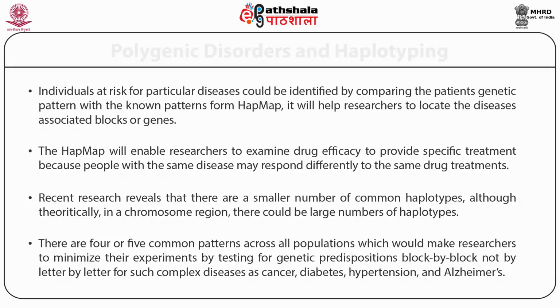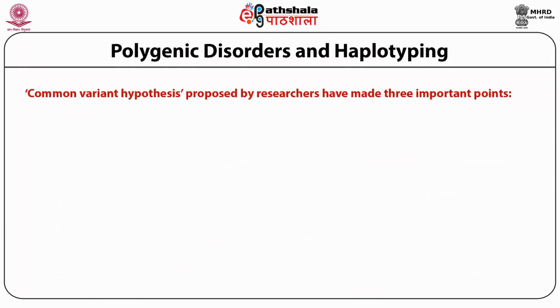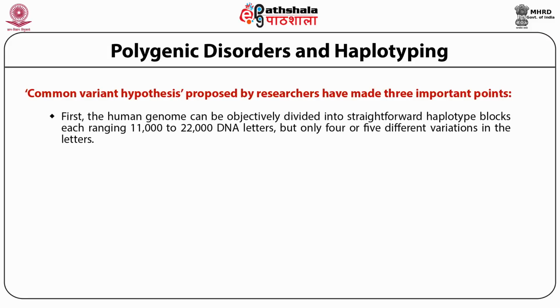2002. The common variant hypothesis proposed by researchers makes 3 important points. First, the human genome can be objectively divided into straightforward haplotype blocks, each ranging from 11,000 to 22,000 DNA letters, but with only 4 to 5 different variations in the letters.